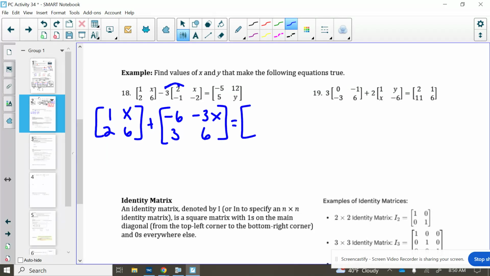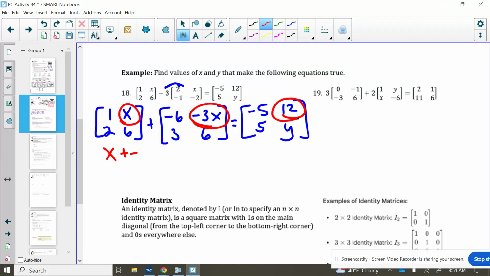And now what's basically happening is I want to set up to solve for x and y, two little equations. So here's my x, and if I add that to its corresponding entry buddy, which is also involving an x, I know that the end result ends up being 12. So x plus negative 3x, we know will ultimately end up equaling 12.